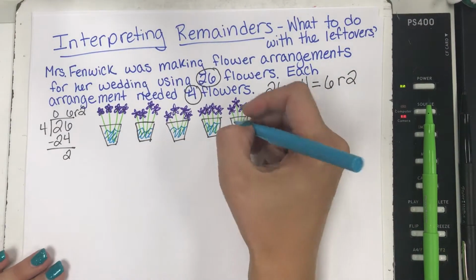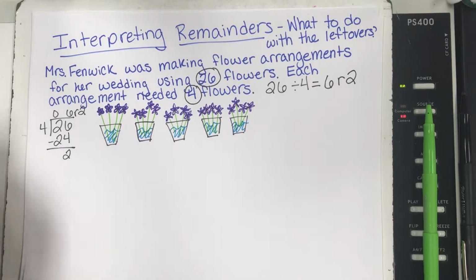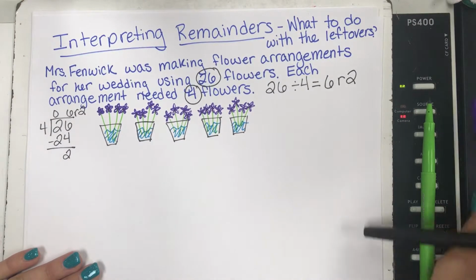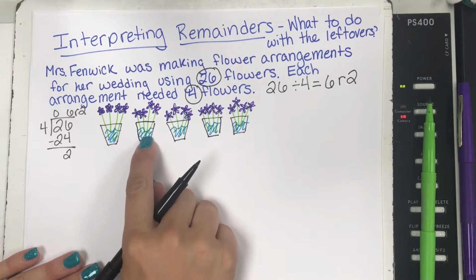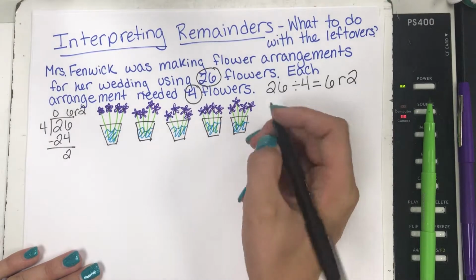Okay, so 4 vases held 16. 5 vases hold how many? 4, 8, 12, 16, 20.